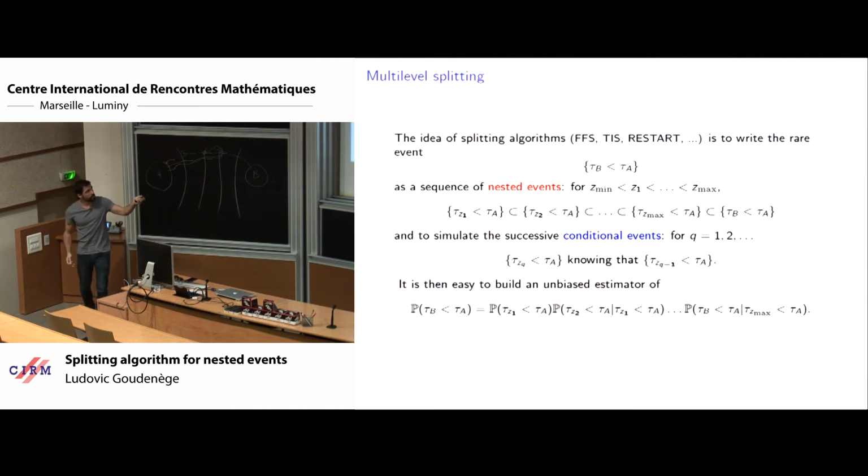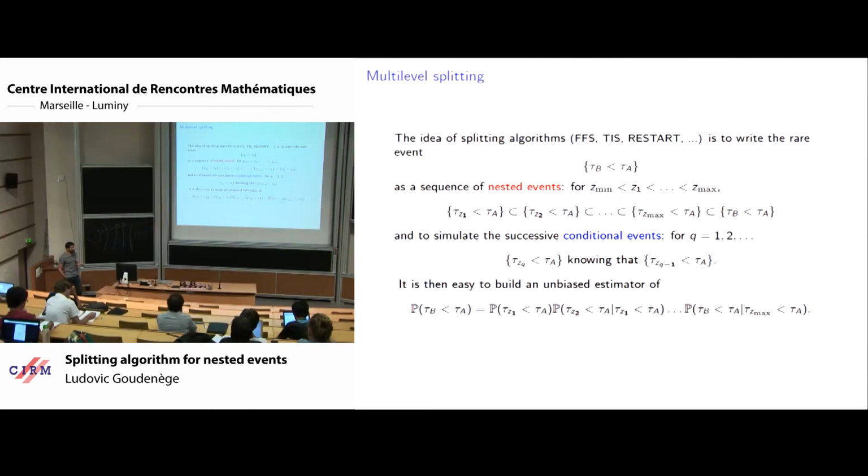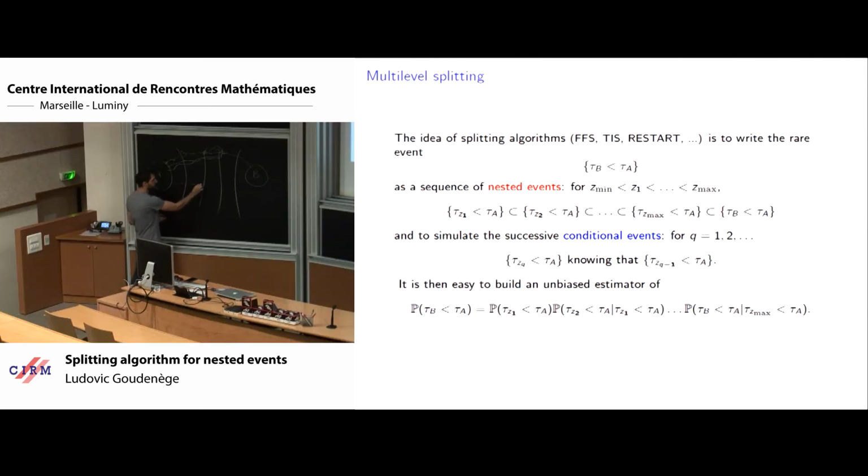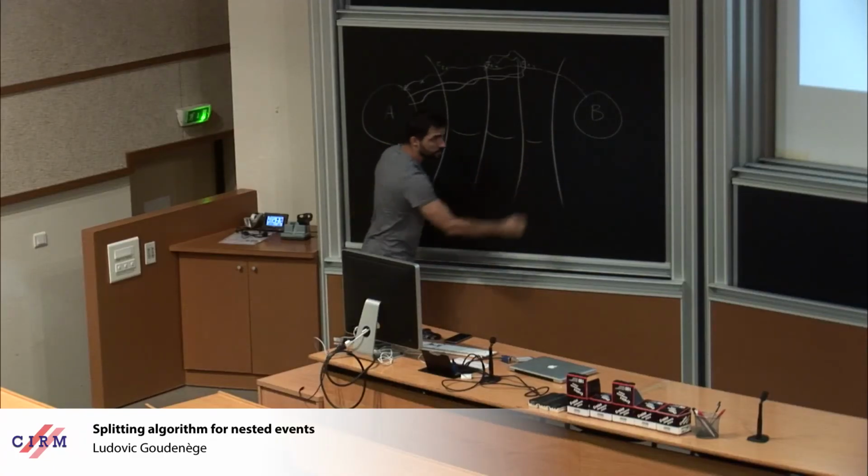And so, since you have a nested sequence of events, if you want to compute the probability to reach B before reaching A, in fact this is only a product of all these probabilities. Maybe you have some Monte Carlo procedure to compute this one, and this one, okay?